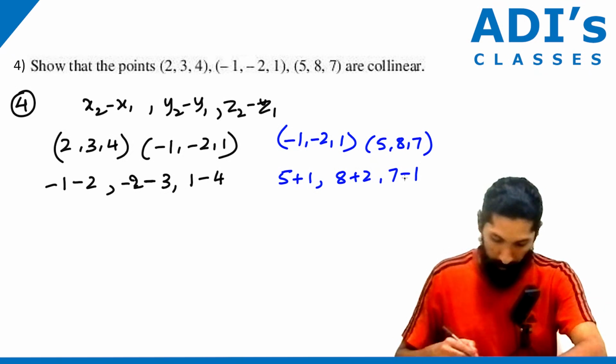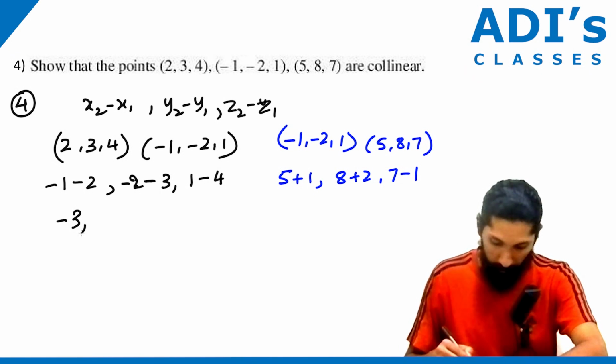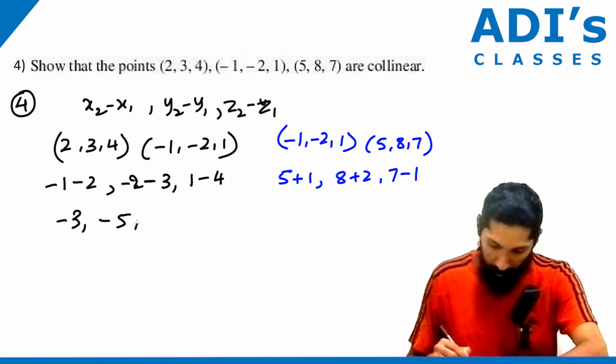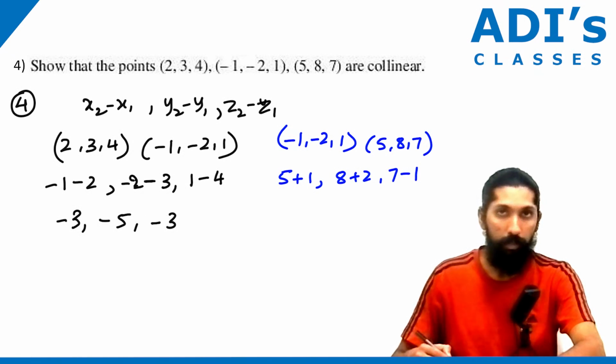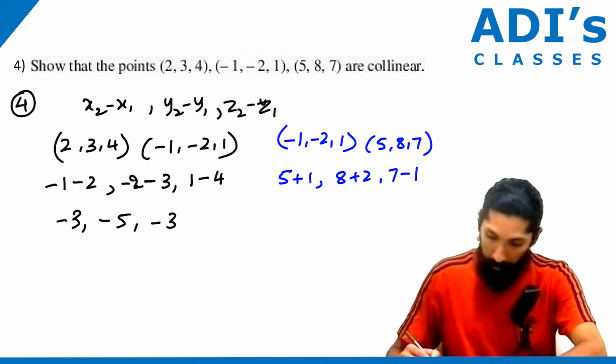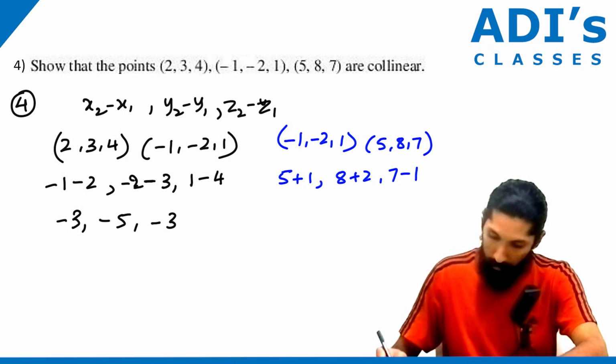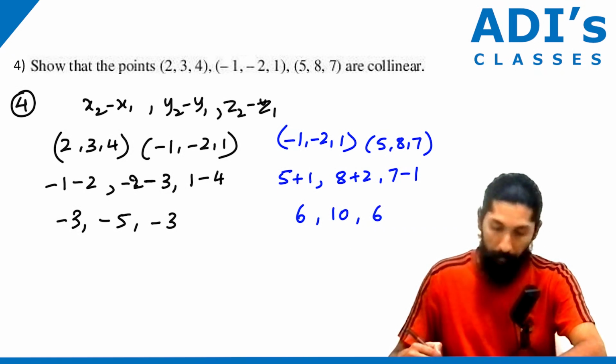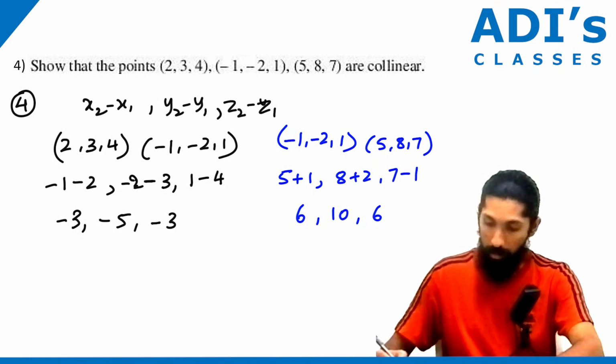We'll calculate this one. See, minus 3, minus 5, minus 3. Correct? This is going to become 6, 10, and 6.